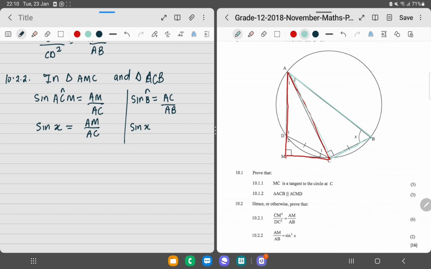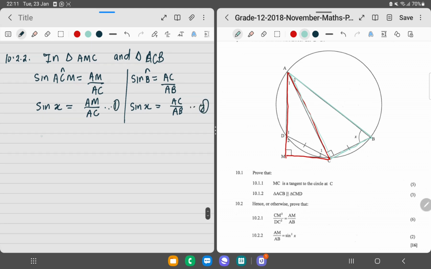So sine of x should be equal to AC over AB. And since I have a squared there, I'm just going to take the first and multiply it with the second. So I'm going to have sine squared x is equal to AM over AC multiplied by AC over AB. Sine squared x is equal to, this takes care of that, so AM over AB.